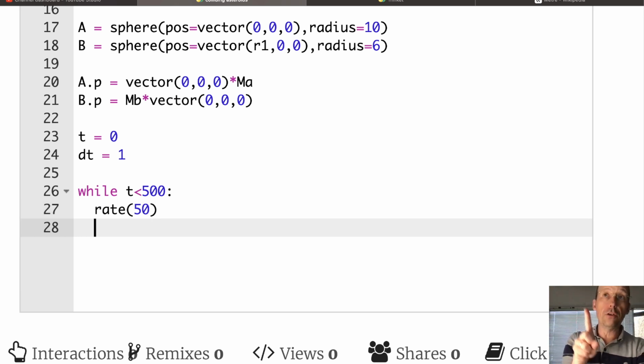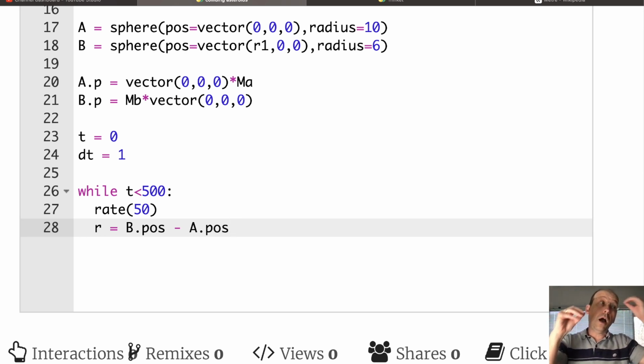So the first thing I'm going to do is to calculate R. R is B.POS minus A.POS. Remember, I need the actual location of these objects, and that is the position property of that object.